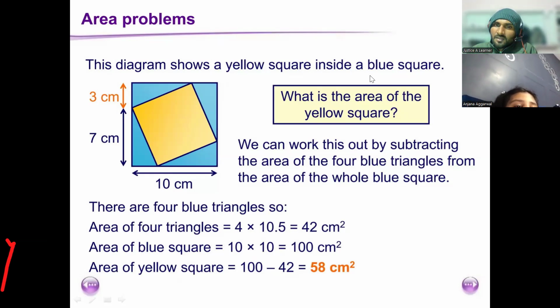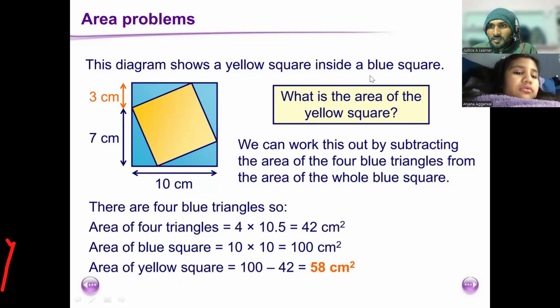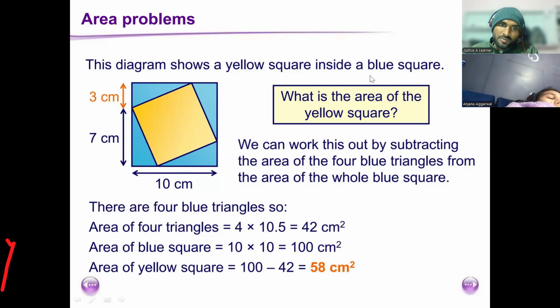That's easy. 4 times 10 is 40, and 4 times half is equal to 2, right? Did you understand this approach? Okay. So the area of the 4 triangles is equal to 42 centimeter square.